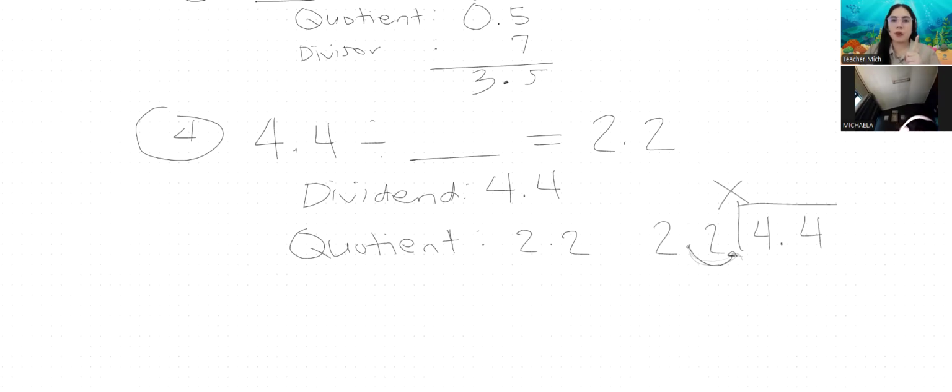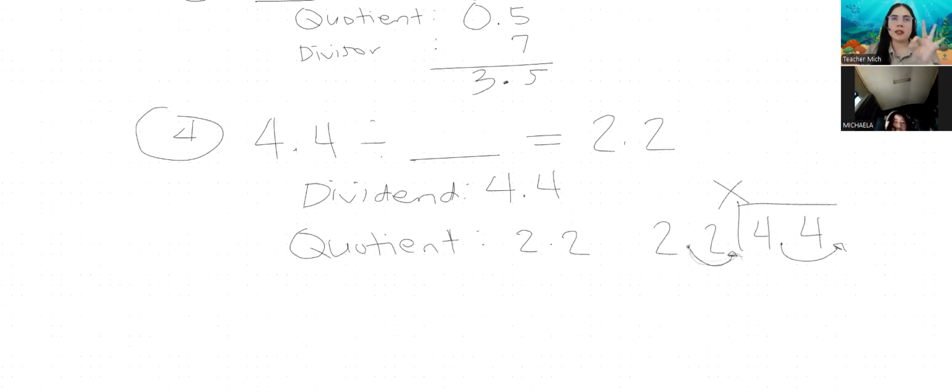Now, since we move one decimal point outside, we also need to move this one inside. If we move 2 decimal places outside, we need to move 2 decimal places inside.